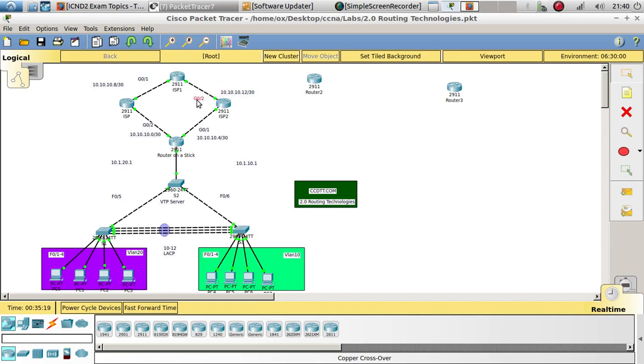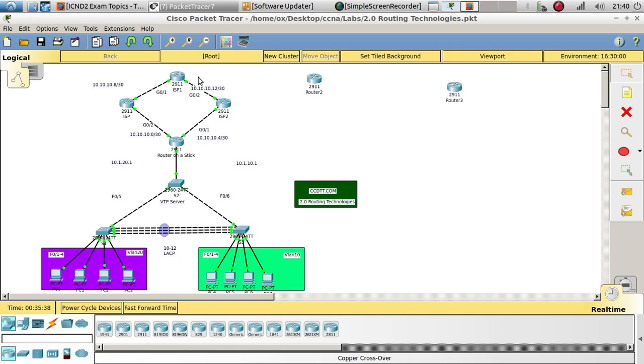Let's move this over here inside with this over here. Okay, so what I want to do now is actually configure EIGRP and EIGRP over here, and also EIGRP coming out of here. But then I want to redistribute EIGRP to OSPF.